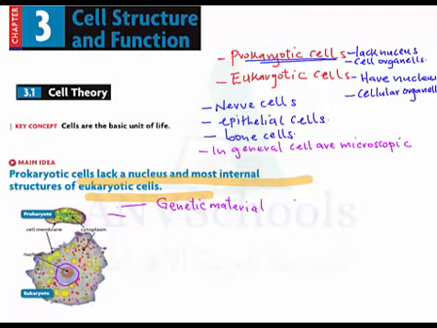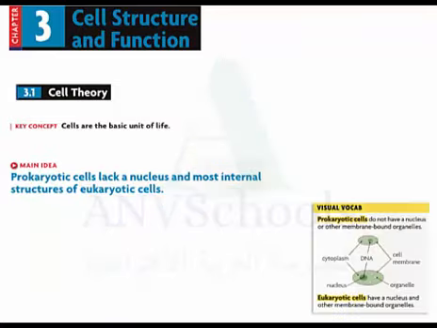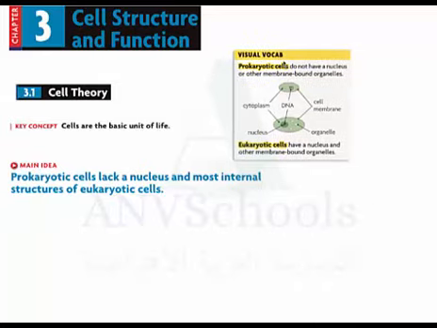So we are saying here that prokaryotic cells do not have a nucleus or other membrane-bound organelles. Instead, the cell DNA is suspended in the cytoplasm. Most prokaryotes are microscopic single-celled organisms. Eukaryotes, on the other hand, have a nucleus and membrane-bound organelles.